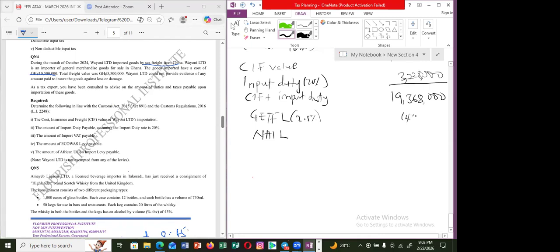That's the 2.5%. Which means NHI, which is also 2.5%, will give us 484,200. And then the COVID levy, 1%.